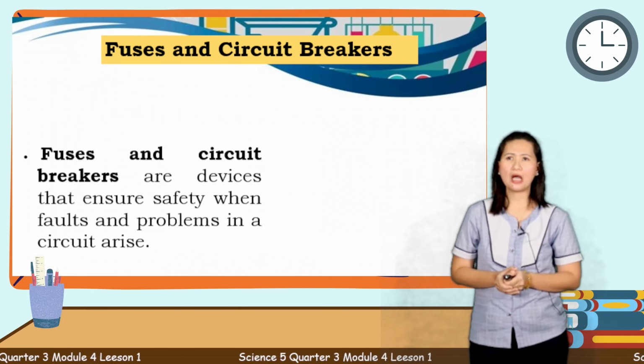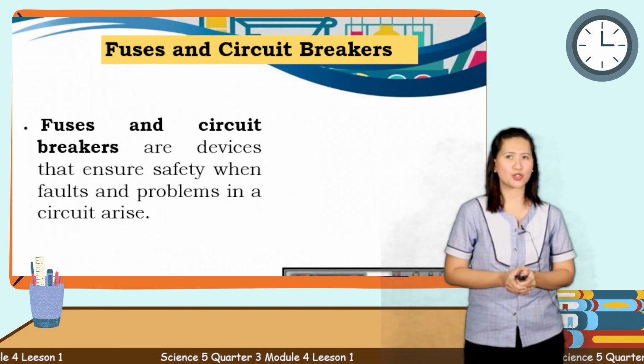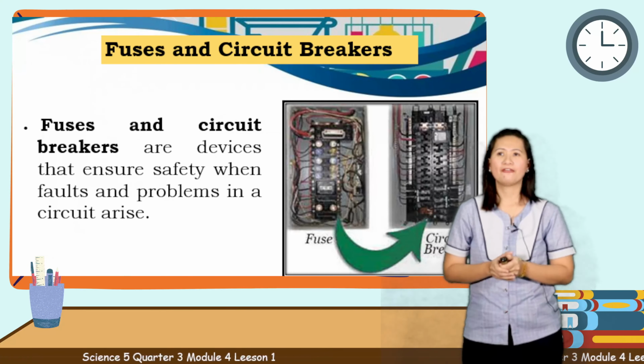Okay, so how about these fuses and circuit breakers? Fuses and circuit breakers are devices that ensure safety when faults and problems in a circuit arise. So make sure that we have fuse or circuit breakers in our home.